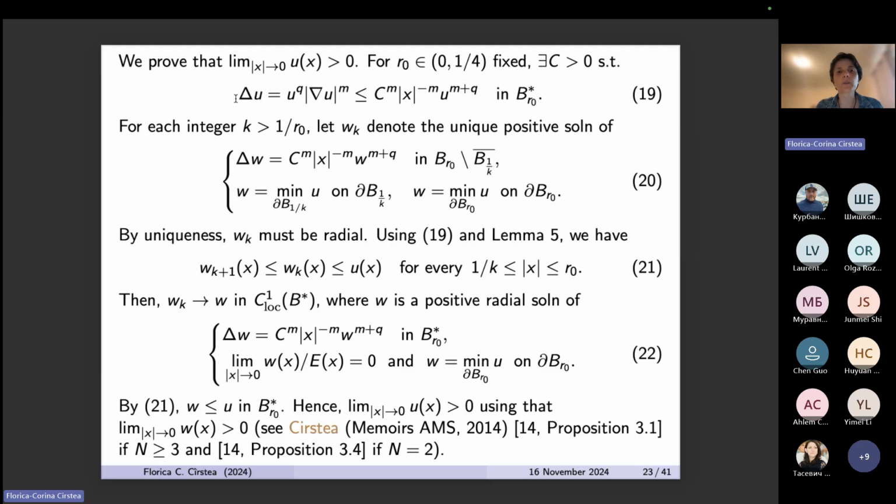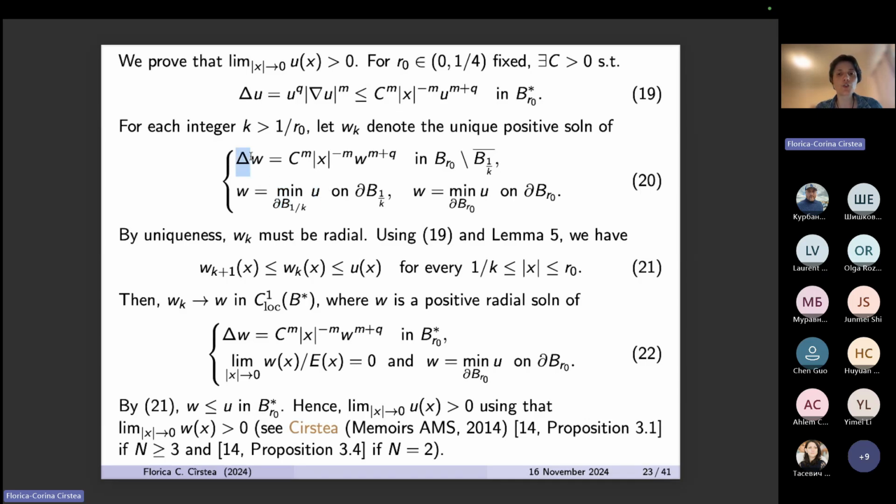And that's very good, because now it tells me that u is a supersolution for a problem that doesn't have a gradient. And notice now that the power of w is m plus q, which is greater than 1. To make sure that you have the right condition, you have to work first on the annulus B_R0 minus a ball centered at 0 of radius 1 over k, and create this auxiliary problem 20, where you take the minimum of u on the boundary of this annulus on the sphere of radius R0, the larger one, and 1 on the smaller one.